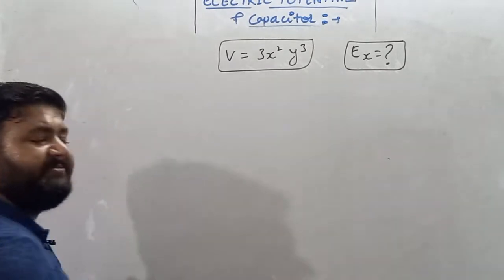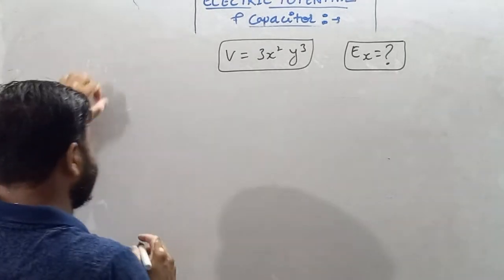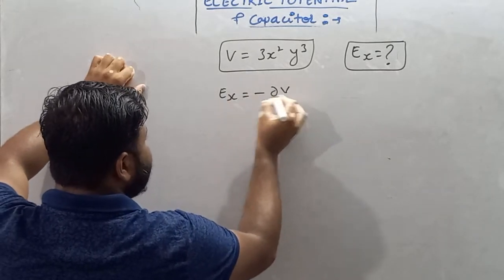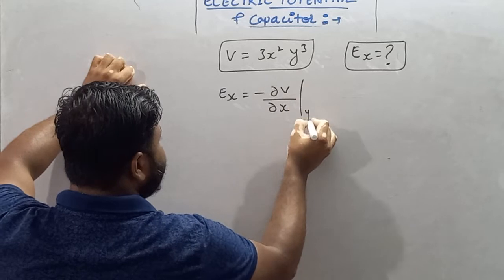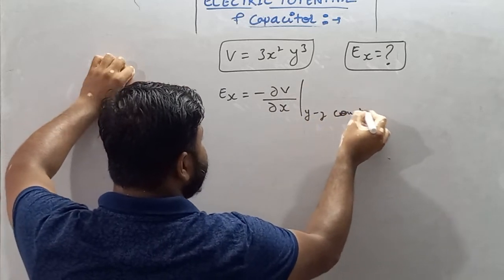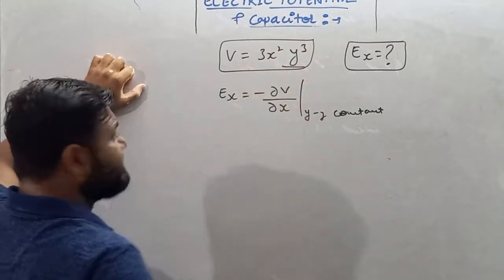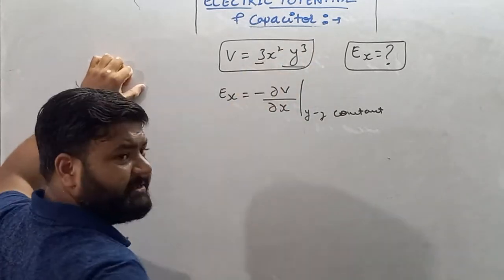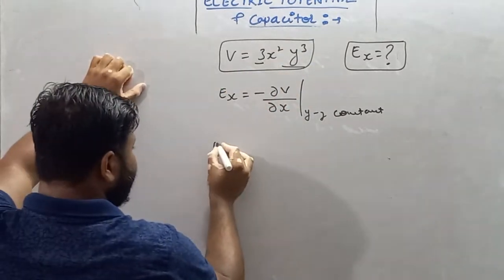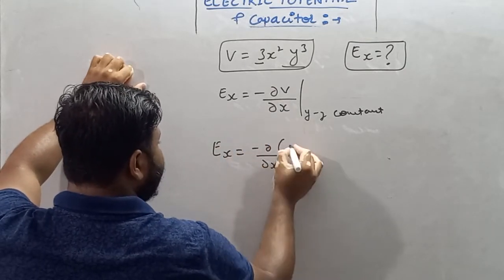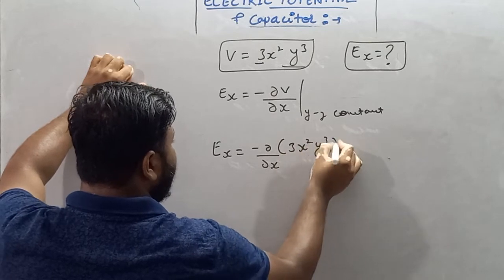And how will partial differentiation be performed? See my dear student, Ex can be written as minus del v by del x, keeping y and z constant. There is a term y which remains constant, and another term 3 which is also constant. Let us put the value: minus del over del x of 3x square y cube.